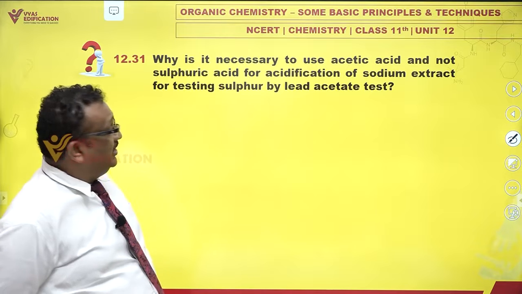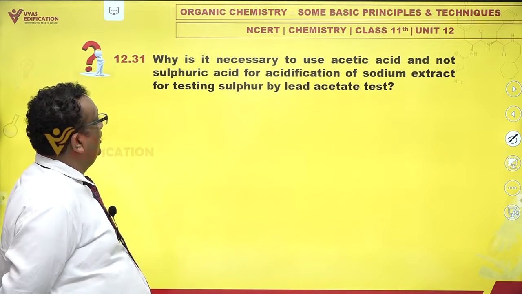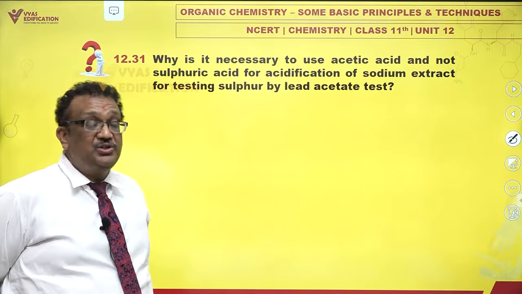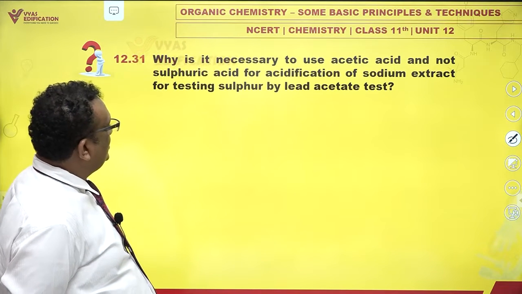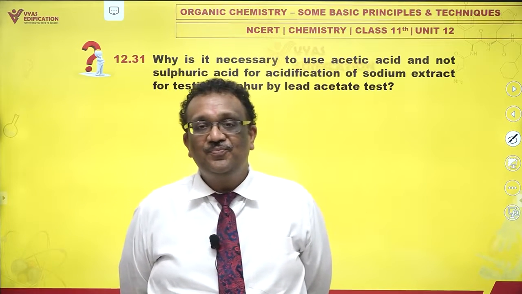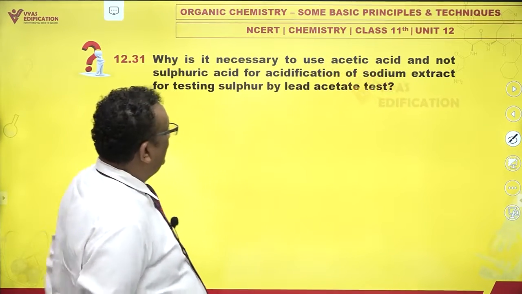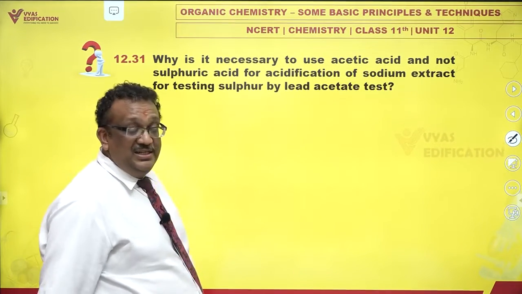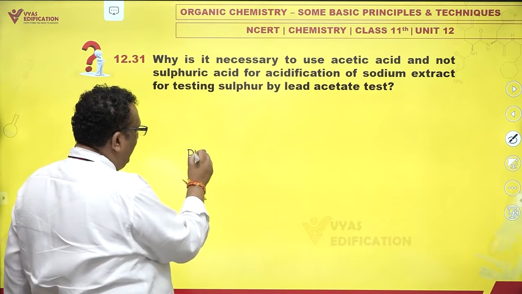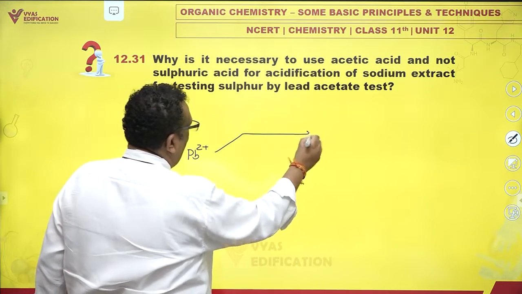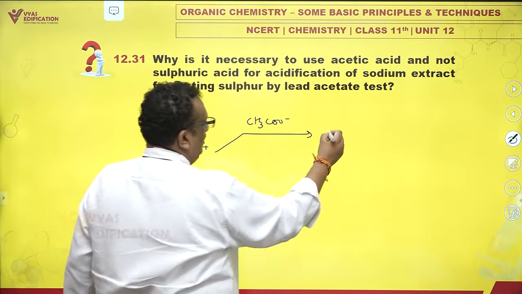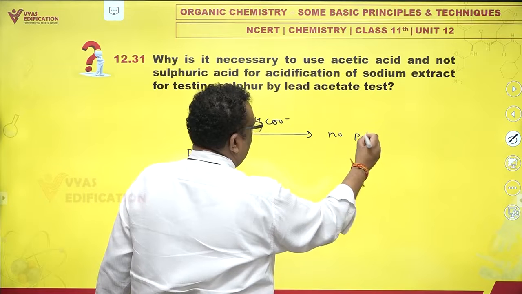Why is it necessary to use acetic acid and not sulfuric acid for acidification of sodium extract for testing sulfur by lead acetate test? Please note that if you are using lead acetate test, that means you are using lead ions. And lead ions, if you add acetate ions, no precipitate.